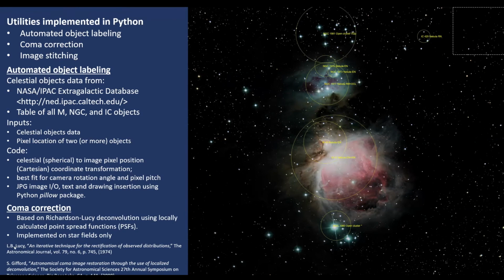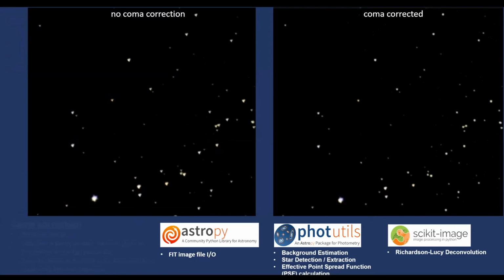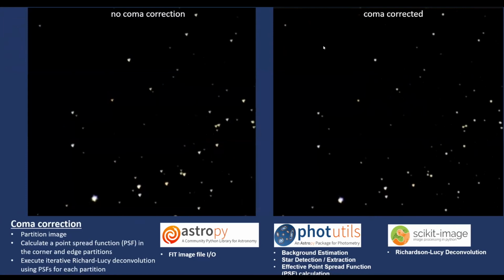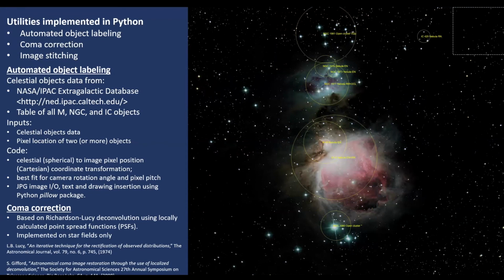The references are given here: the original Lucy paper on the iterative deconvolution technique for image restoration. I had the idea of doing it locally, but I'm sure many other people did. So I did dig up an actual paper that describes it, from 2008, and you can find this paper. And doing the code. So here's from that corner, this corner of the image that I'm showing up there.